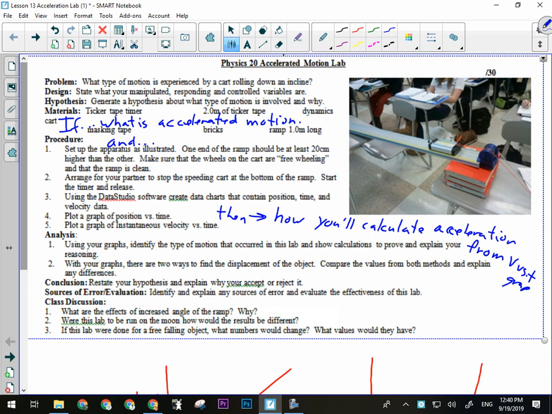We had a little issue with that on the last lab. So I'm going to reiterate that I want to know how you're going to calculate acceleration from this graph, and only from this graph. The other thing I'm going to want is a prediction of the shapes of the 2 graphs. Oh, we might have already spoiled that.